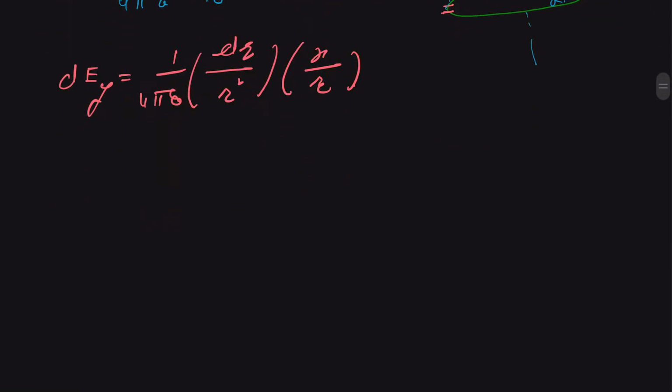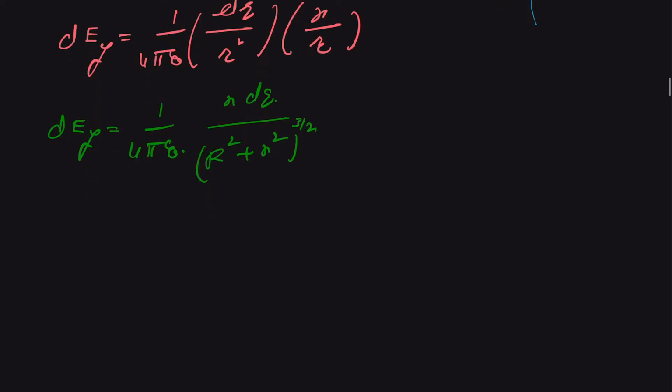Therefore we can write that our value of our electric field will be equal to 1 upon 4 pi epsilon naught, and this is our x times dq upon r square plus x square, whole raised to power 3 by 2.